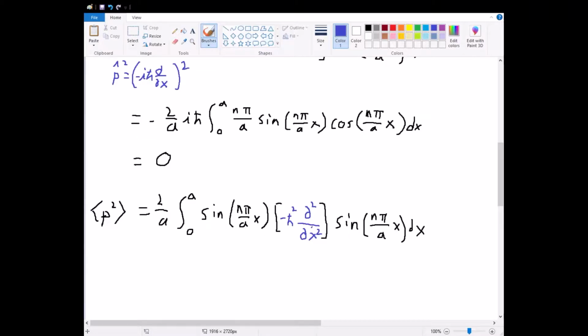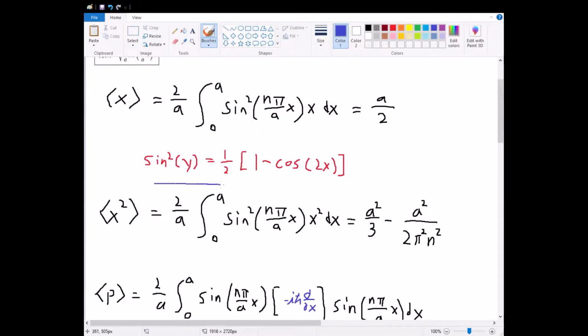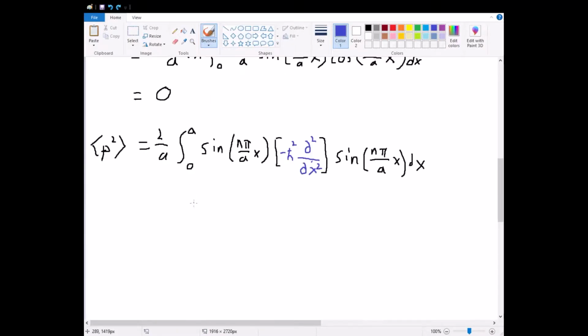This is going to give us a sine squared integral, where we use once again this expression of sine squared, devolving it back into a 1 and a cosine of 2x. And this is going to equal, once we plug everything into our integral calculator, h bar squared times n squared times pi squared over a squared.